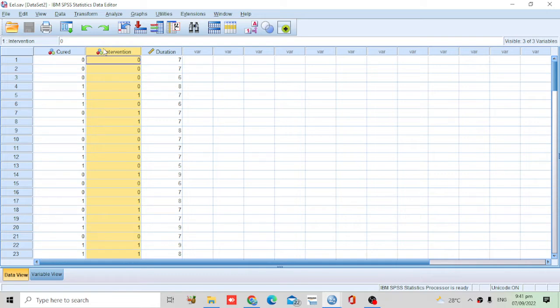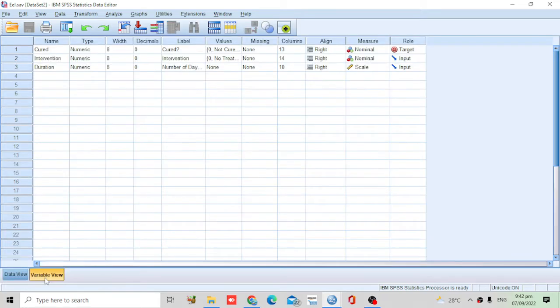And sometimes, kasi, 0 is assigned to a patient who does not have medical treatment or an intervention, and 1 is having an intervention or medical treatment given to a patient. Of course, we also considered the duration as our independent variable. This is the duration or the number of days.